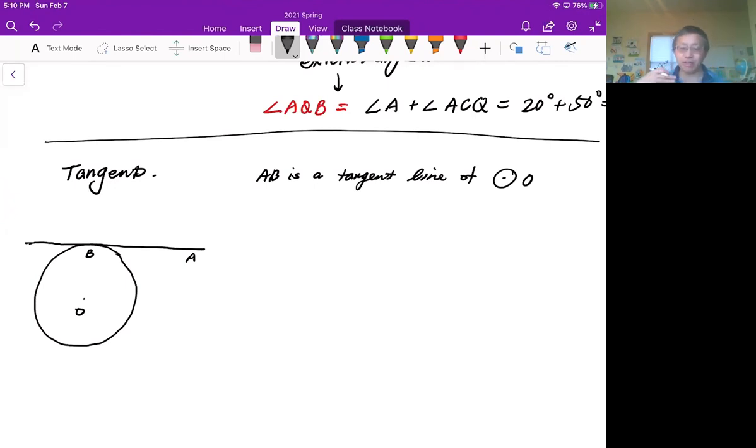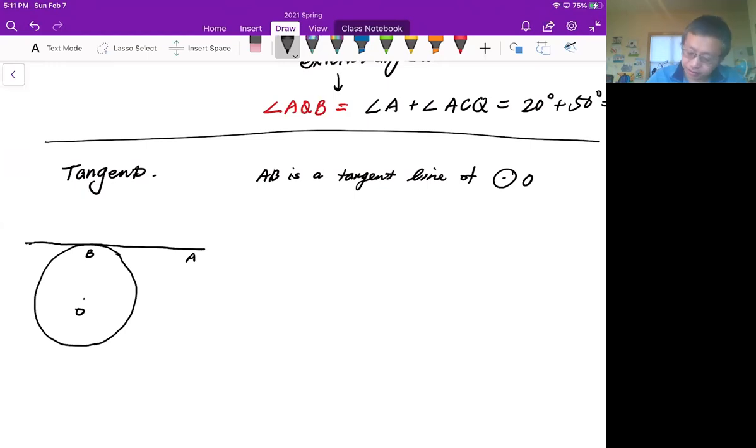Can anyone remind me what's called a tangent line? If you want, you can type in the chat. How do you define a tangent line? A tangent line just means that you have a line and a circle with exactly one intersection point.